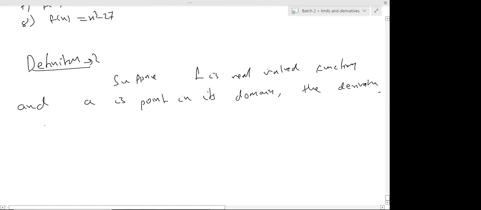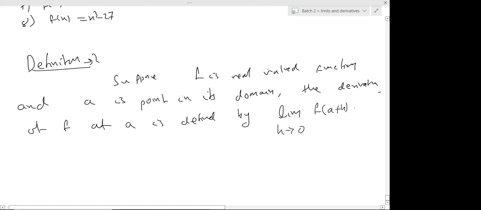The derivative of f at a is defined by limit h tending to 0 of f of a plus h minus f of a upon h, provided this limit exists.